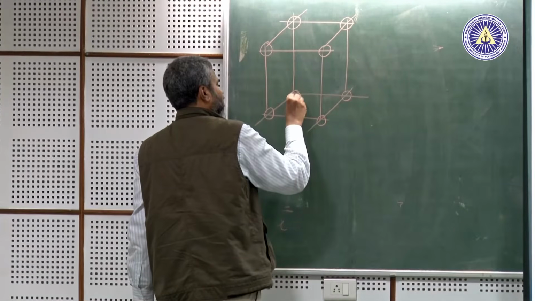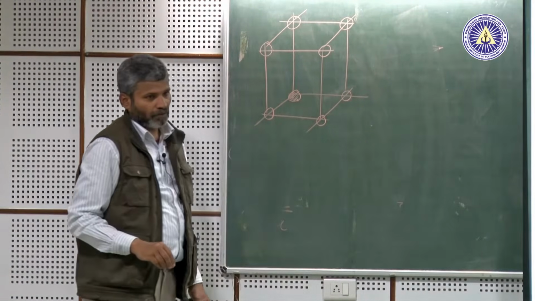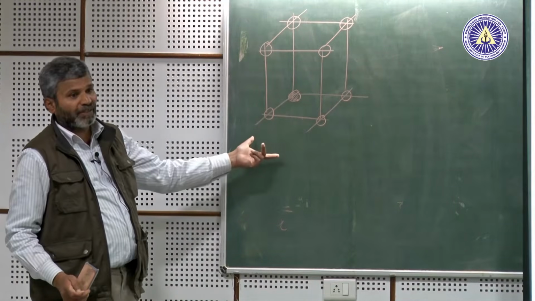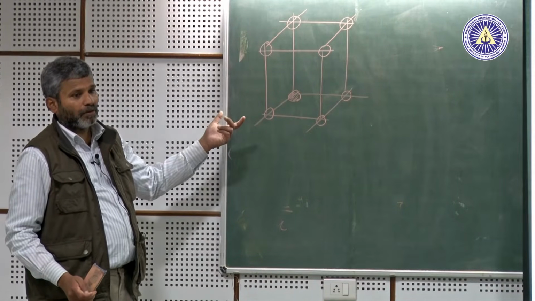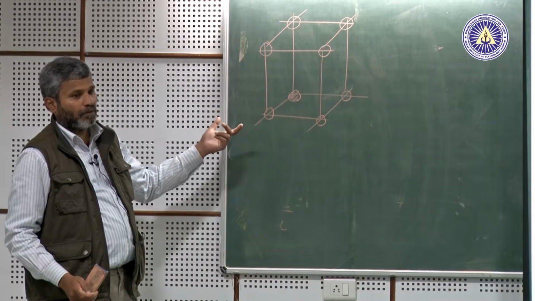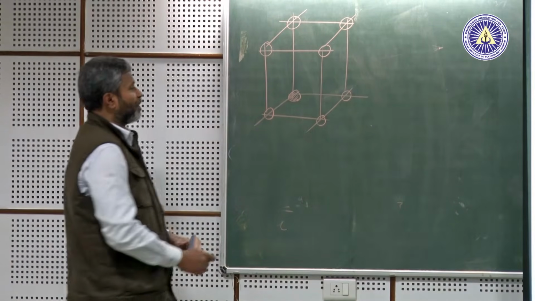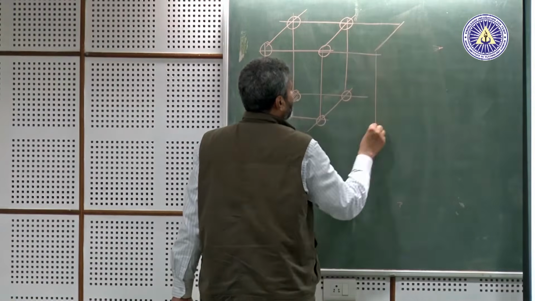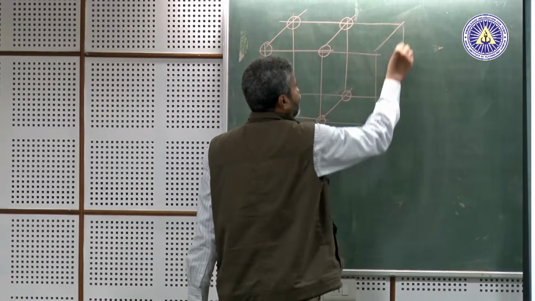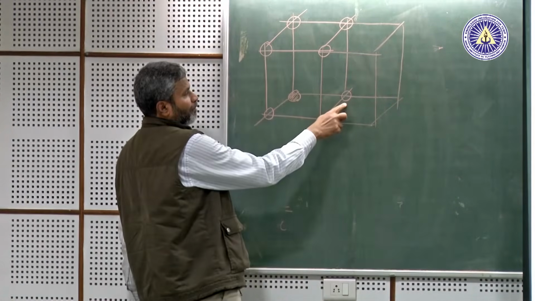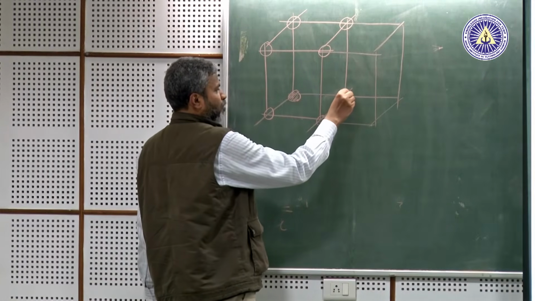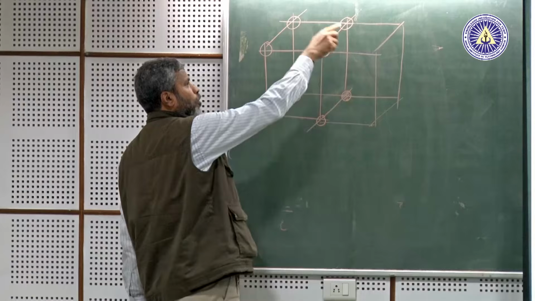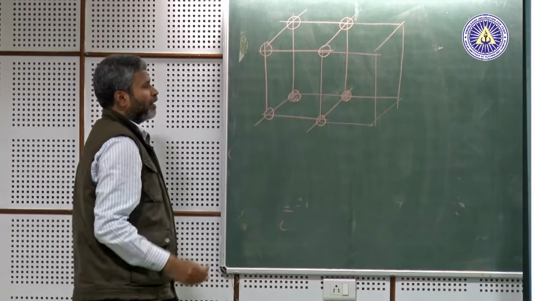So, the best one to select is at the origin, but these atoms are also scattering and I am leaving them. What will happen? Nothing will happen. They are also origin of some other unit cell. So, when I move to the next unit cell, this guy who was feeling left out now will be a very happy origin for the next unit cell. So, similarly, all corner atoms will be origin of different unit cells.